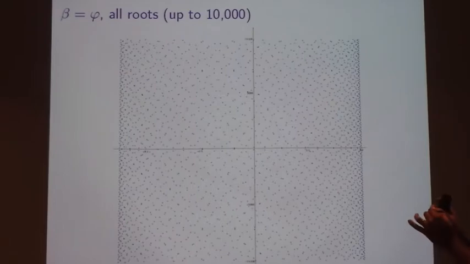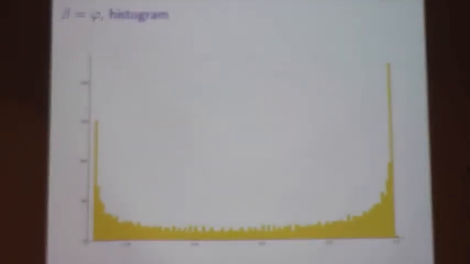It's very nicely put together, and you can actually see curves and parabolas that build up this structure. And you can also look at the histogram of these zeros, and you see that everything seemed to be happening on the sides.